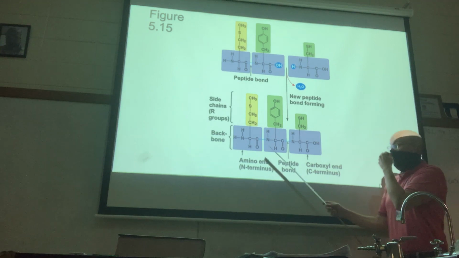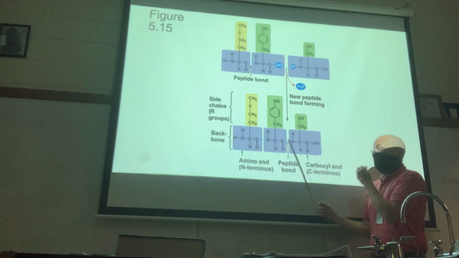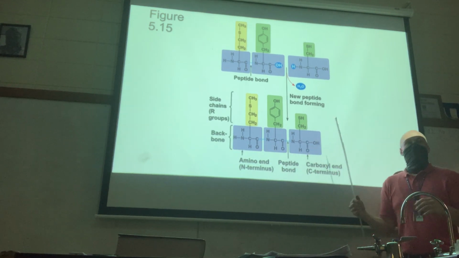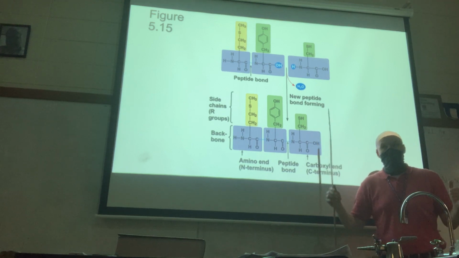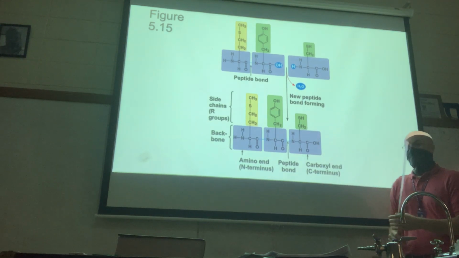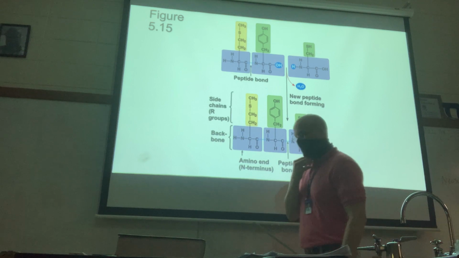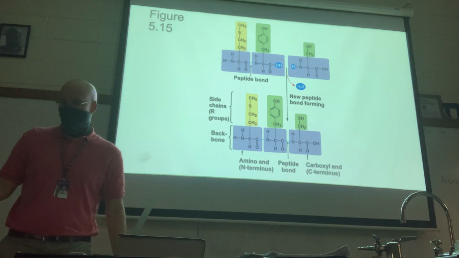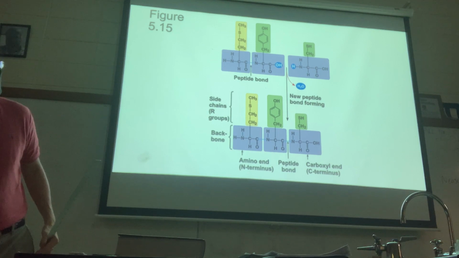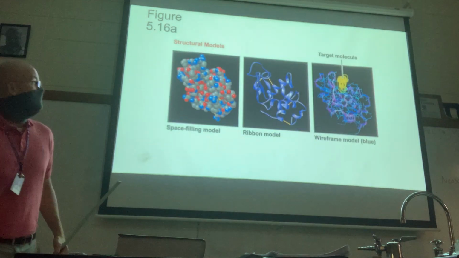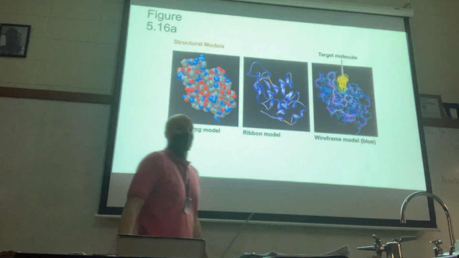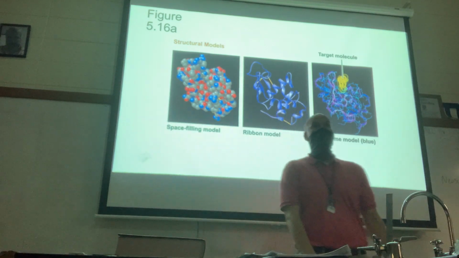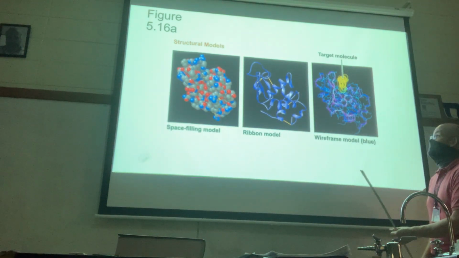But what we're doing right now as we build these chains of amino acids is we are getting towards a protein. So on this next slide, I want you to see how the entire protein sometimes can look or be represented. These can get really, really complex.